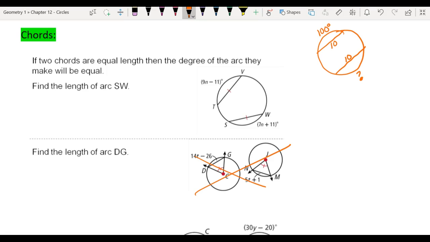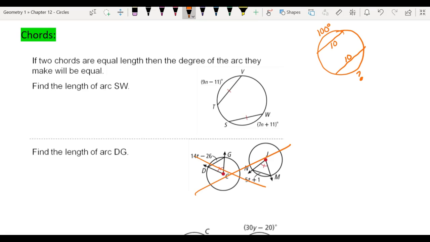What's my question mark? It's 100, right? And so what they're going to do is they're going to leave one of these two blank, and you have to decide, well, is this 10 or is this 100? Well, if each of these are 10, then each of these are 100. Okay? If your chords are equal, your degrees are equal. So that's what it's going to start out as. Any questions on what it starts out with?